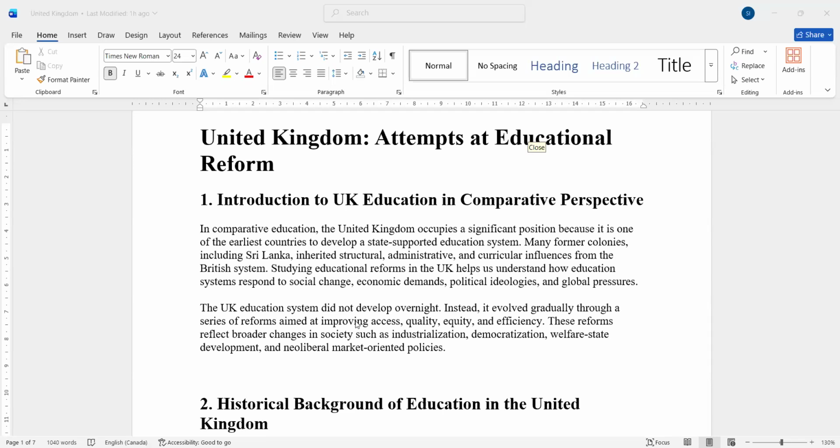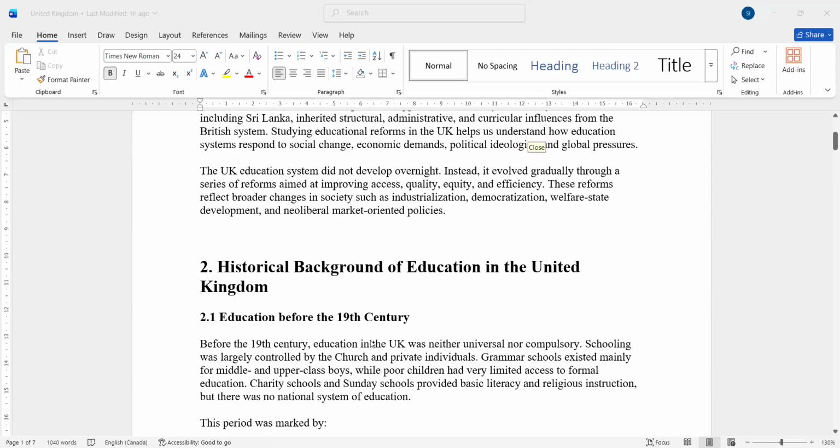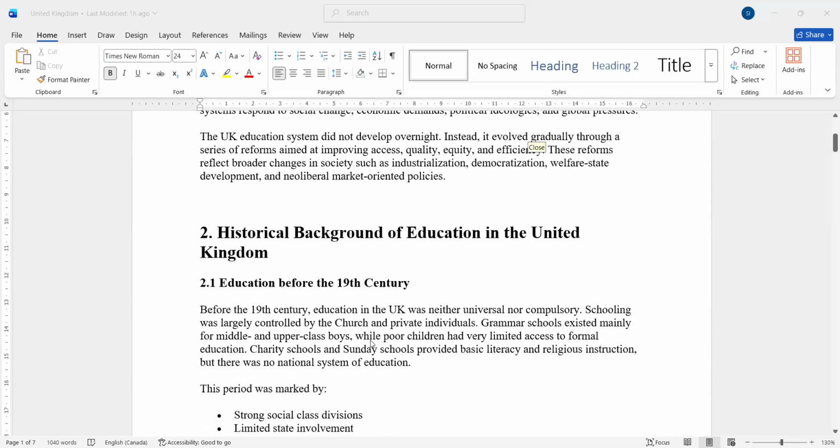These reforms reflect broader changes in society, such as industrialization, democratization, welfare state development, and neoliberal market-oriented policies. Their basic ideas are a little different from Sri Lanka, because the UK is a developed country and ours is a developing country, so our reform is based on our needs. This is the introduction and historical background of education in the United Kingdom.